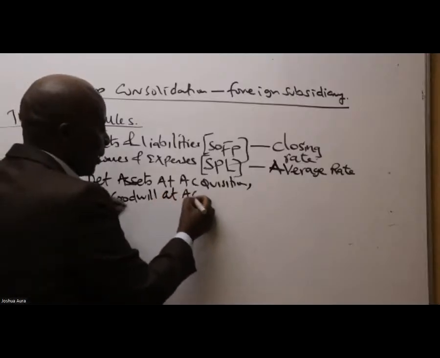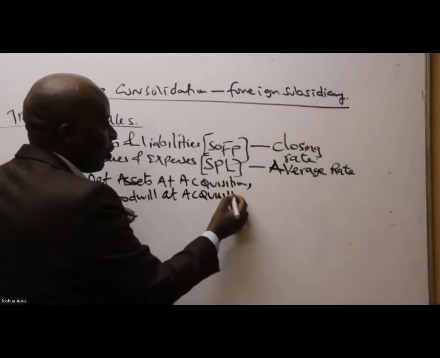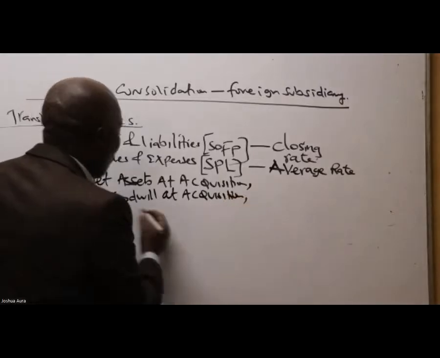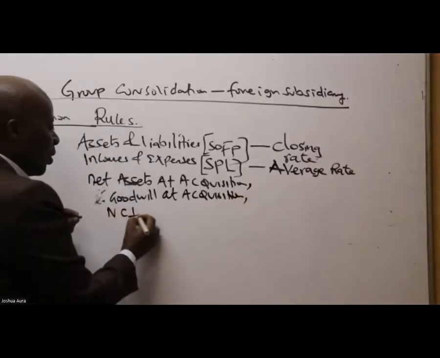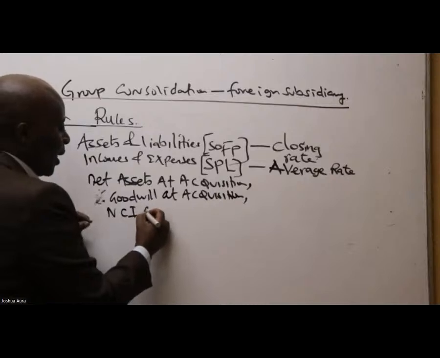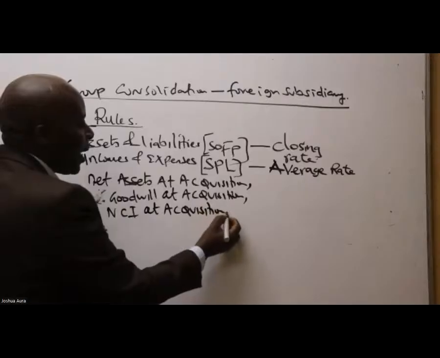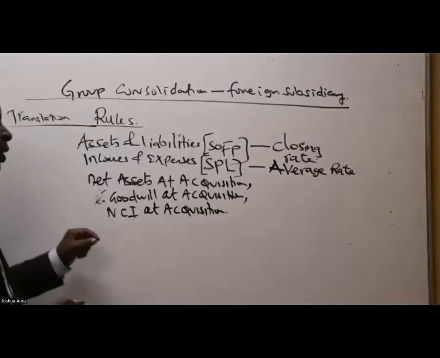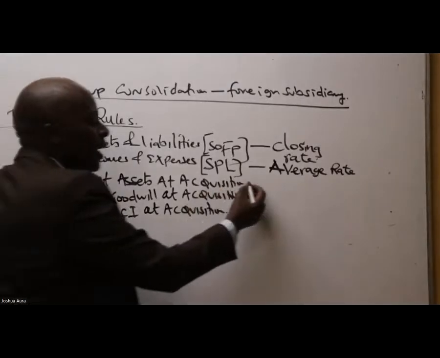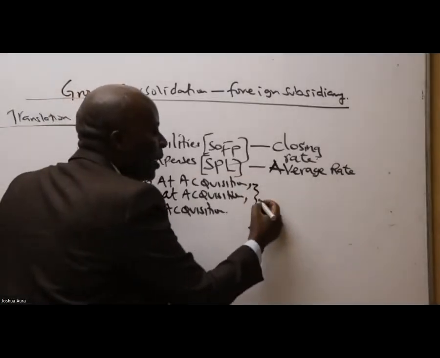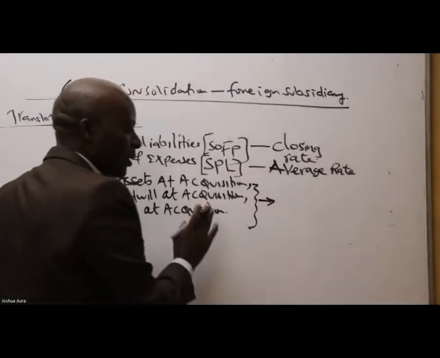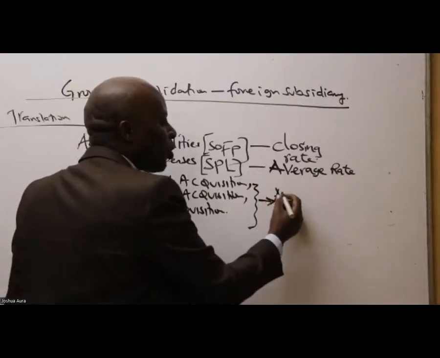I want to keep on insisting on this. Goodwill at acquisition. Talk of NCI at acquisition. Anything that this examiner is using with the words at acquisition, everything here, we shall be translating using the acquisition rate.